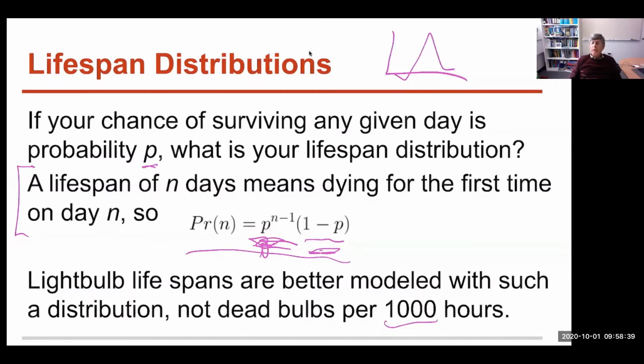There is actually a lot of work done on what is the right modeling for human lifespans. One thing that's surprising is that yes, P is not a constant, but it's surprisingly constant when you get up to older ages. You might think that if you have somebody who's 100 years old and someone who's 106 years old, the likelihood of them dying the next day would differ, but it's surprisingly constant.